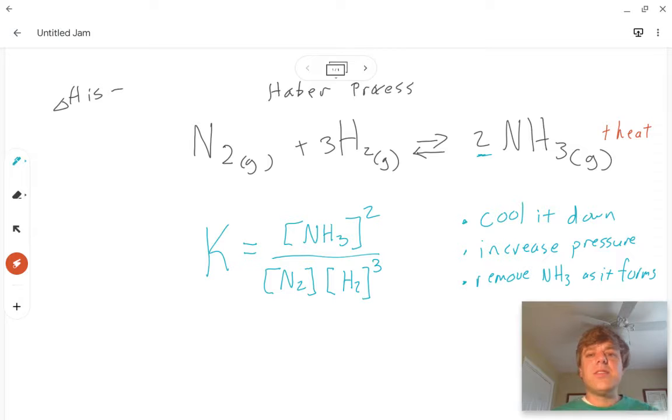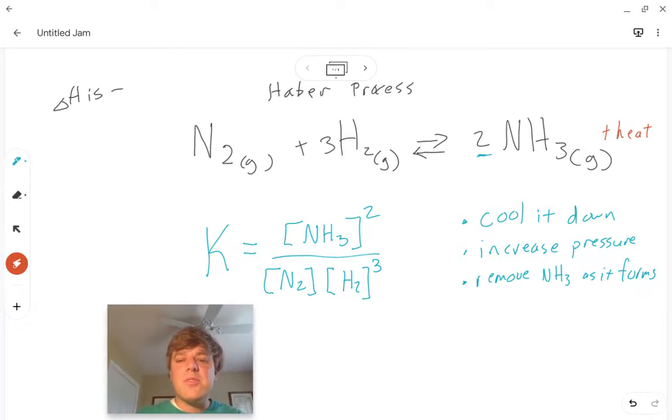Now, the other thing you have to do is, if you think back to what we looked at last week, if you cool a reaction down, then the reaction is going to happen more slowly because you're going to have less effective collisions. So the other thing that Haber did is he added a catalyst, which does not change where your equilibrium ends up, but it makes the reaction happen fast enough that you can actually make money by doing this.